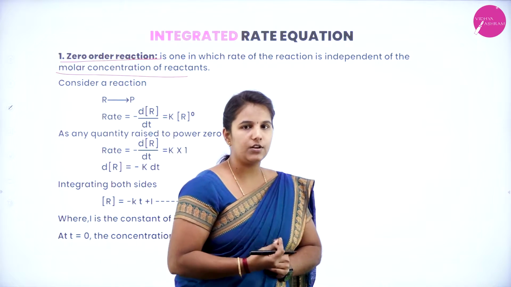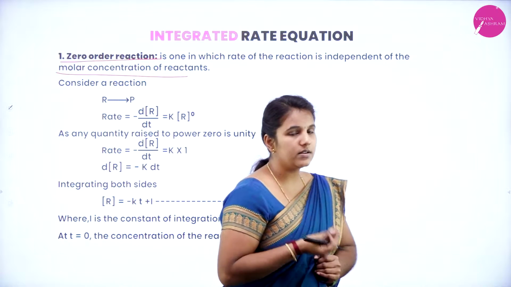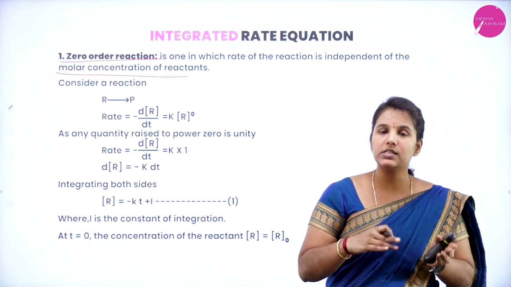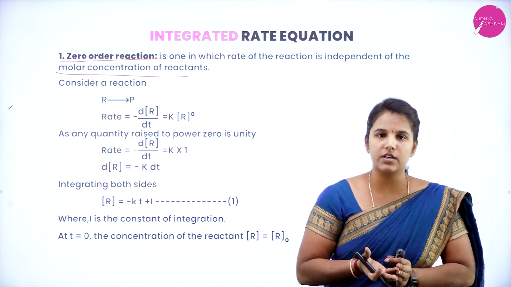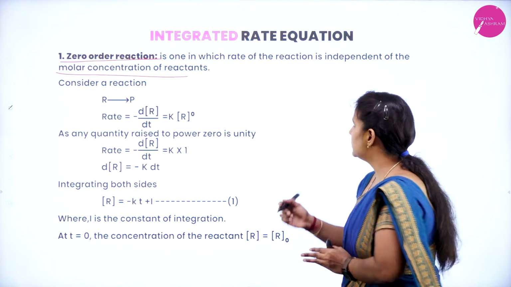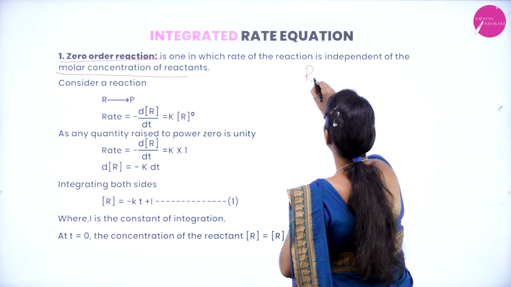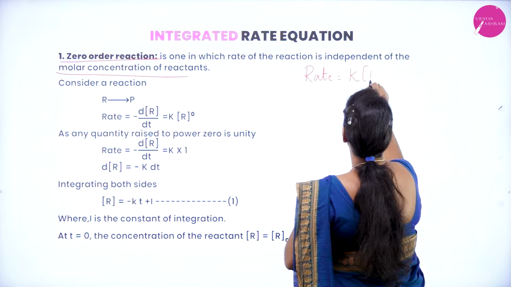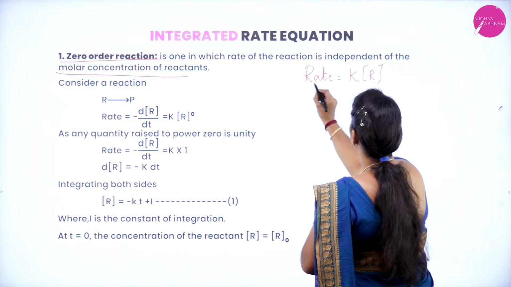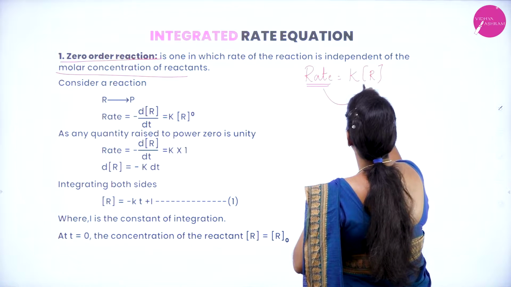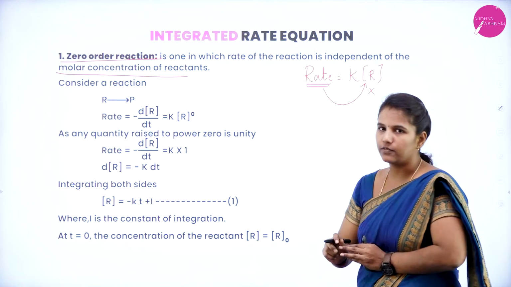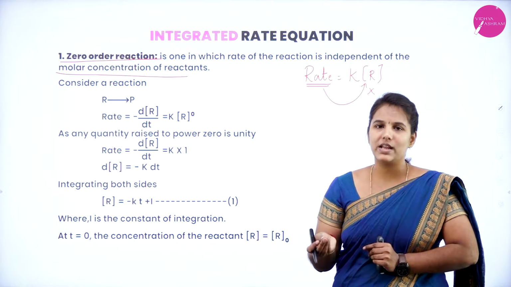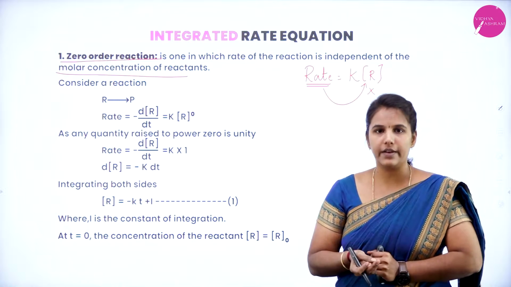In case of the zero order reaction, we already understood that the rate of the reaction is independent of the molar concentration of the reactant. So, I can write this as rate is equal to k into molar concentration of the reactant to the power zero. Here the rate does not depend upon the molar concentration of the reactant, it is independent. Then only we can say it is a zero order reaction.